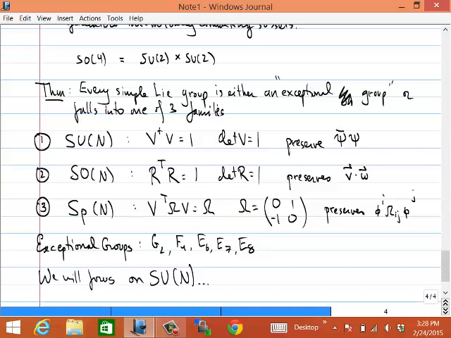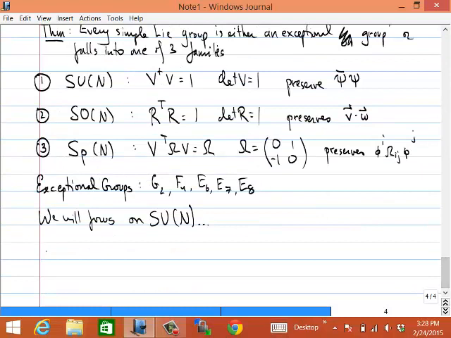No questions? Yes. What is the classification of those three? The Dynkin diagrams. Okay, now I'm going to be embarrassed. So the classification is based on the Dynkin diagrams. So SU(N) is that, where you have n dots that are all connected by lines.